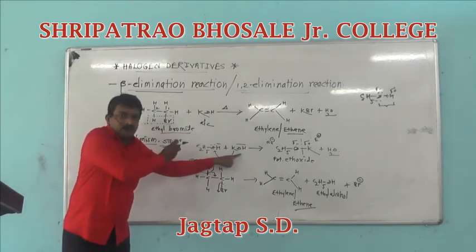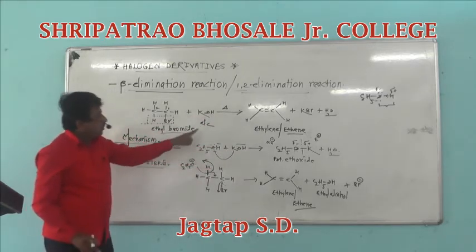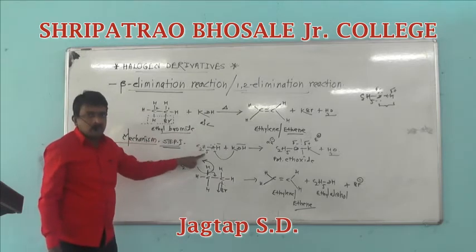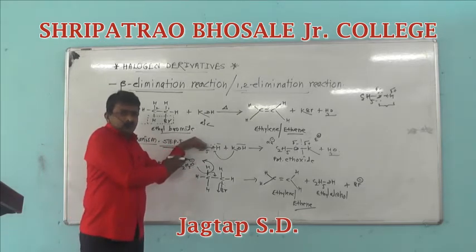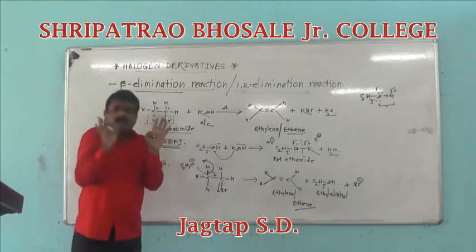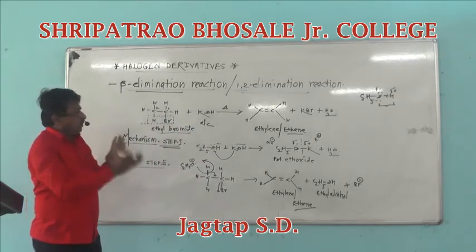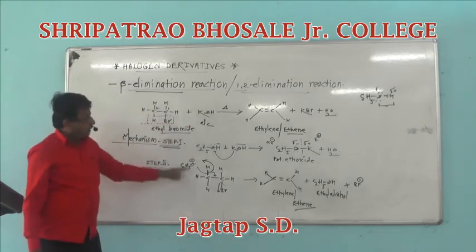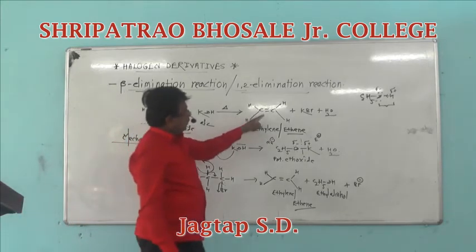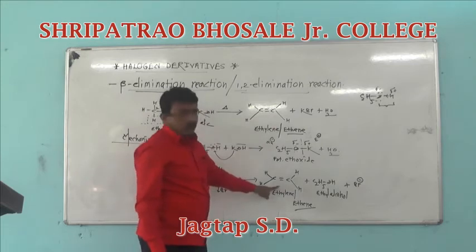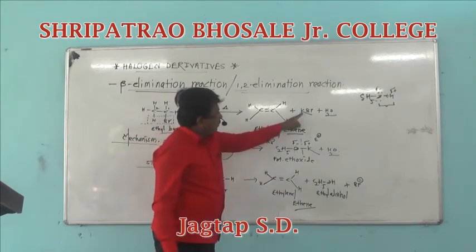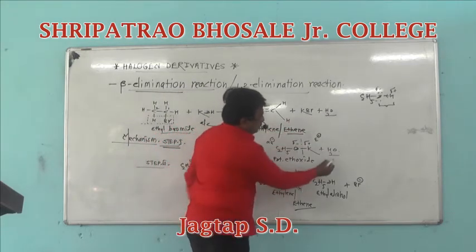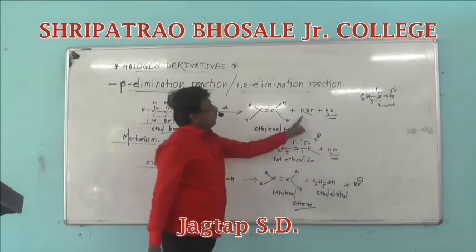Ethyl alcohol is used as a solvent. It does not take part in the chemical reaction, but the reaction proceeds in the forward direction. The products are ethylene or ethene, water, and potassium bromide.